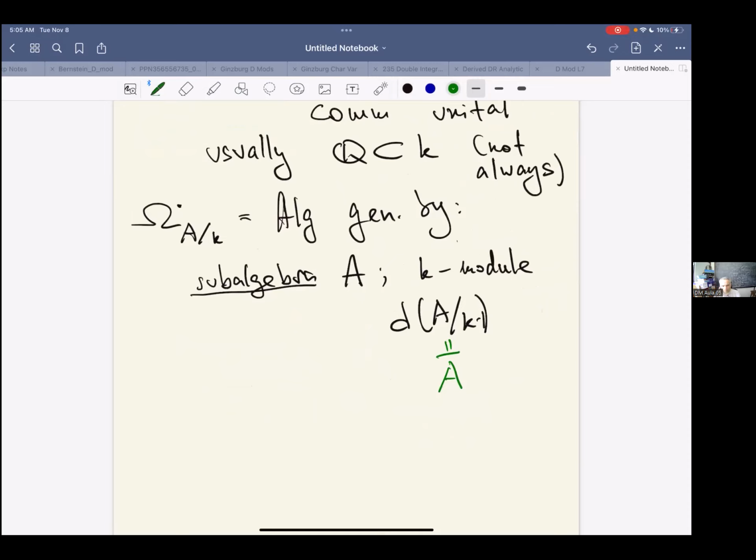It's just a K submodule, and you introduce relations. Sorry, your A is unital too, not just K. Yeah. Unital algebra over a unital ring, yeah.